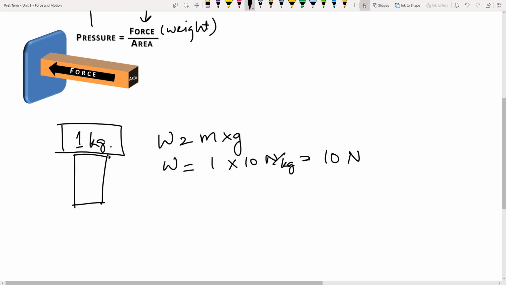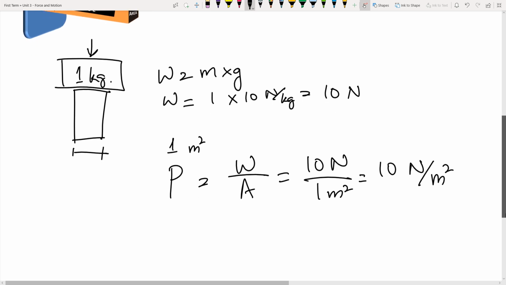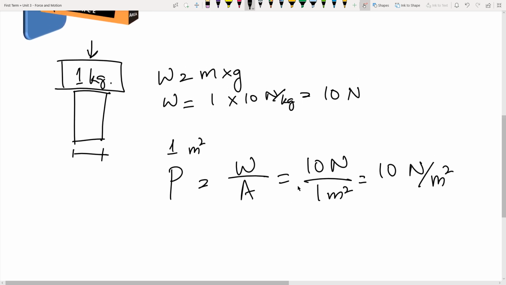That's the downward force of this mass. If we take the area to be 1 meter square, a very wide area, then the pressure is weight or force over area. That is 10 newtons divided by 1 meter square, giving you 10 newtons per meter square. That's the pressure that 1 kilogram is going to have on an area of 1 meter square.